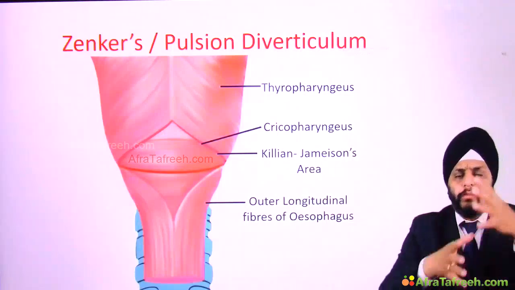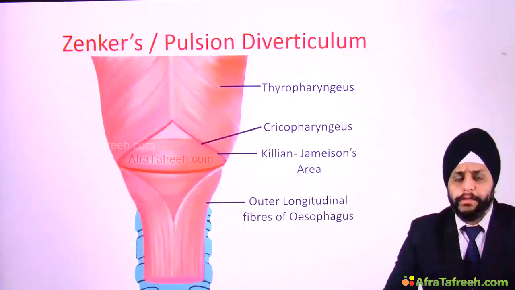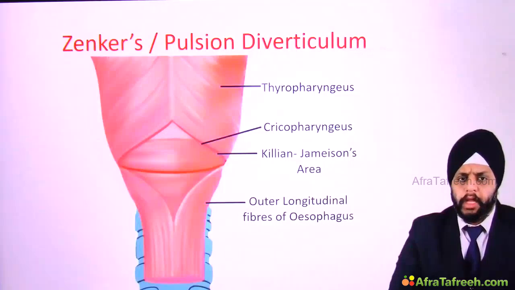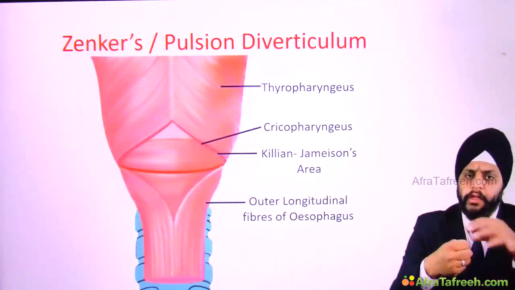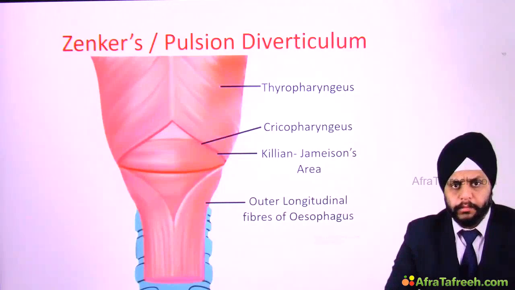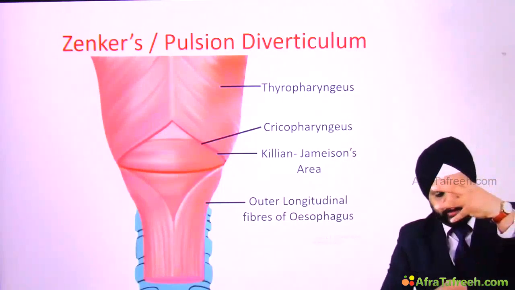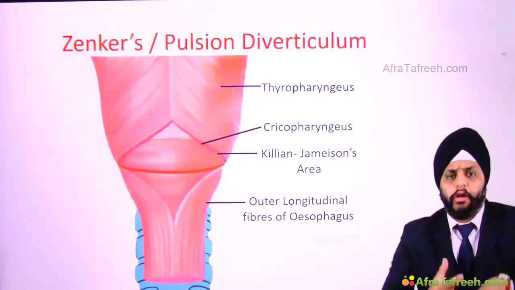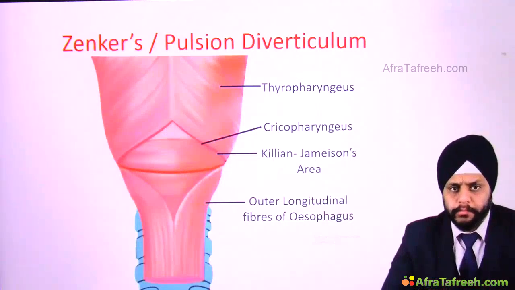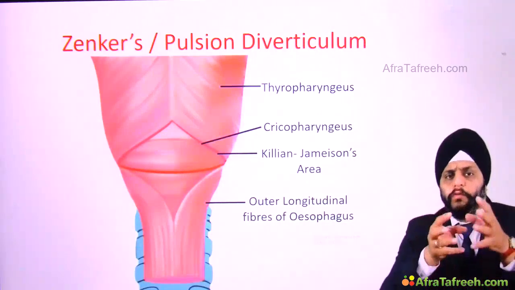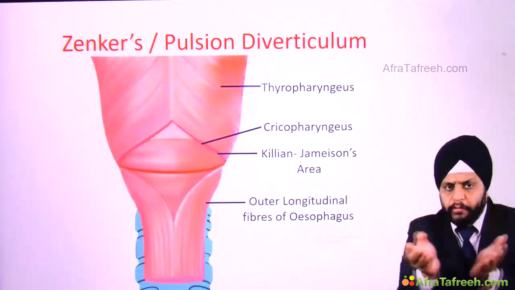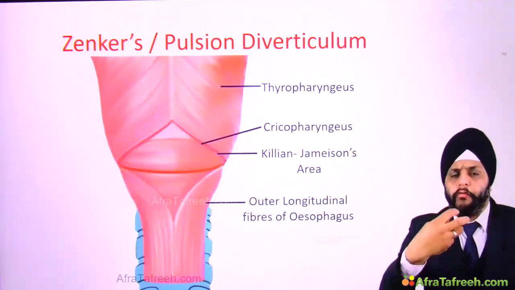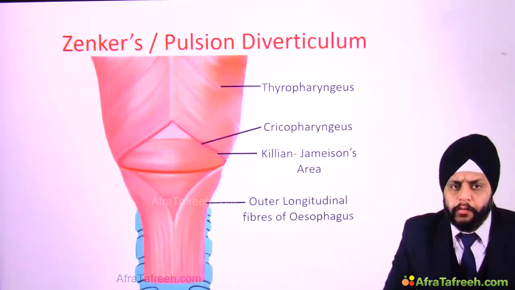But let's say both of them start contracting at the same time, or the cricopharyngeus is in a chronic state of contraction. What happens? The thyropharyngeus is contracting, trying to push the food down, but the food is not going into the esophagus. This food will push on the anatomical weak area, Killian's dehiscence, and come out forming a pouch in the posterior pharyngeal wall.